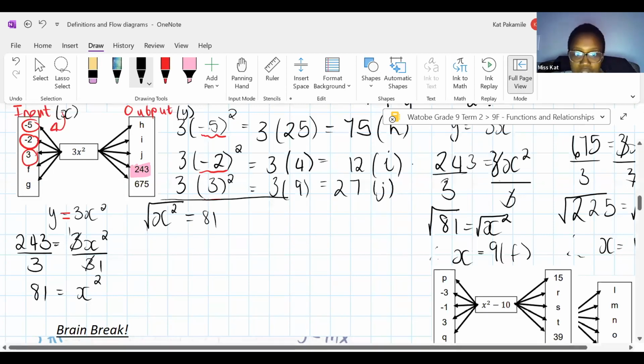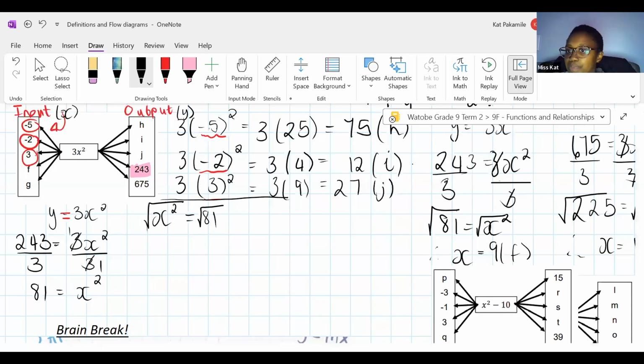What you do on the left, you do on the right. So these two will cancel out each other. You'll be left with x. And what is the square root of 81? 9. Do you see how I got that? Oh, yes, ma'am. I hope you feel better. You can practice G on your own, okay? Yes, ma'am. Beautiful.